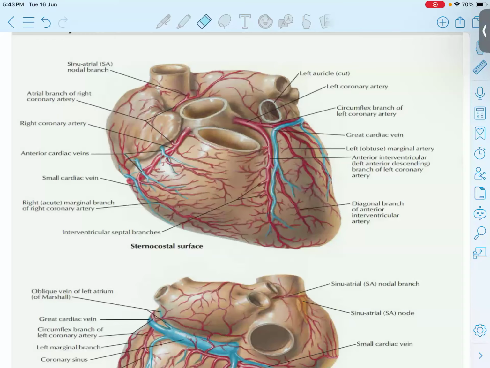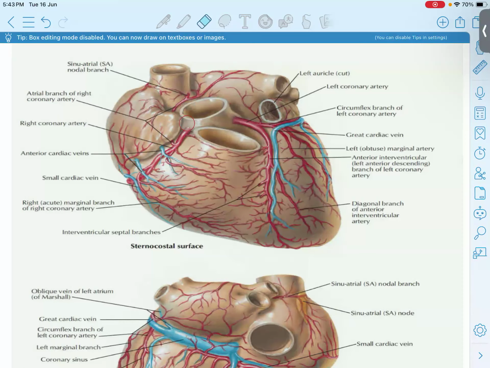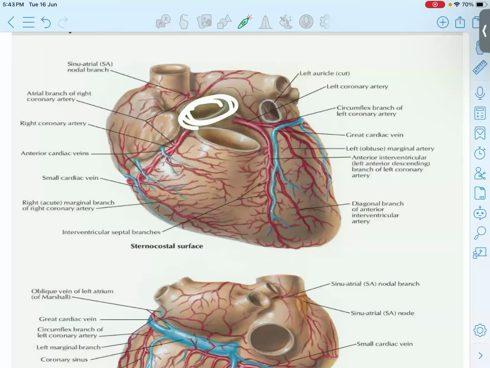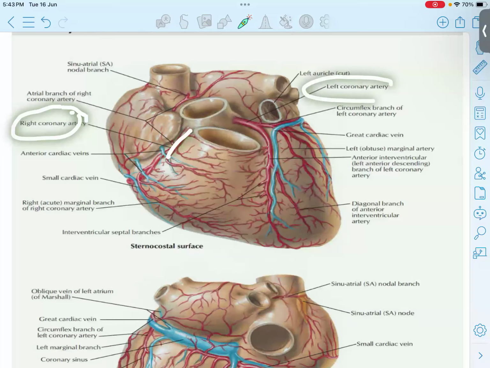Okay, come to this image. This is the aorta, ascending aorta. It has 2 branches, the right coronary artery and the left coronary artery.